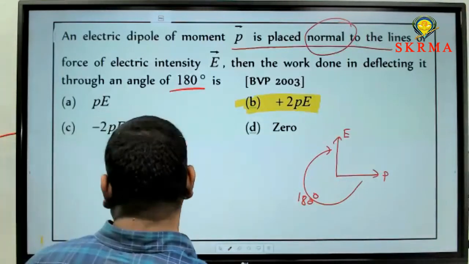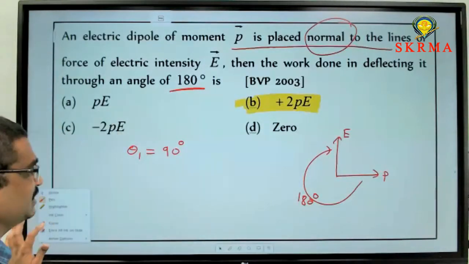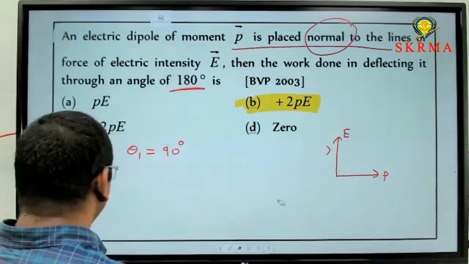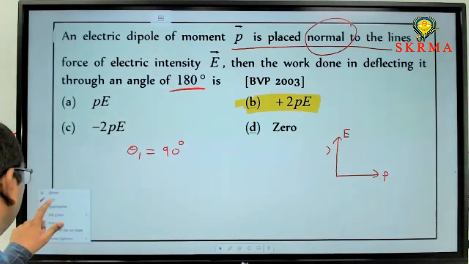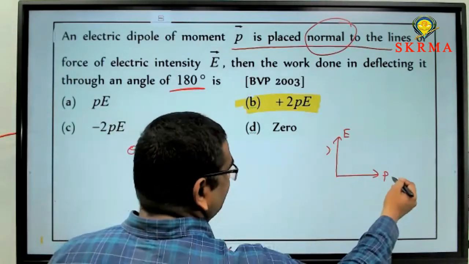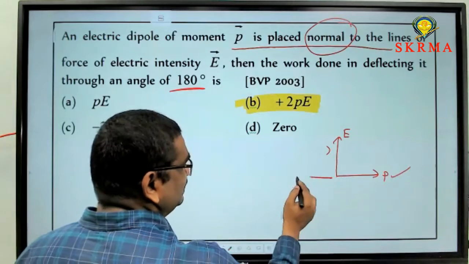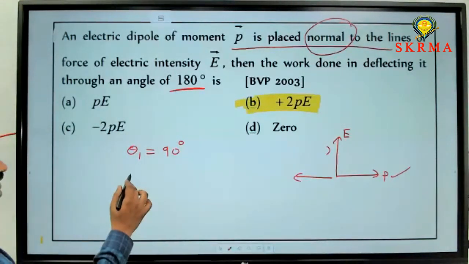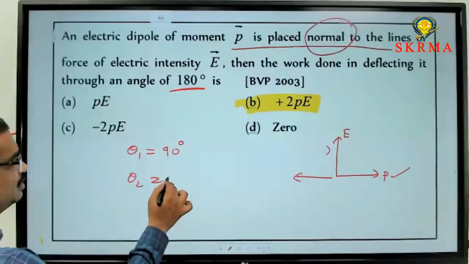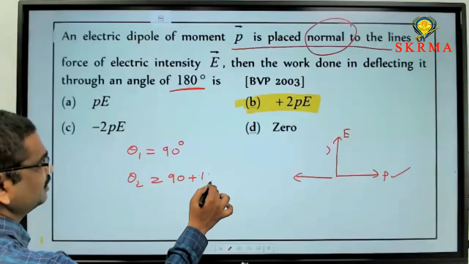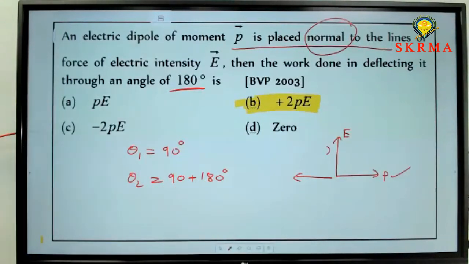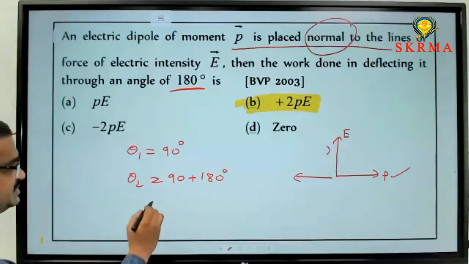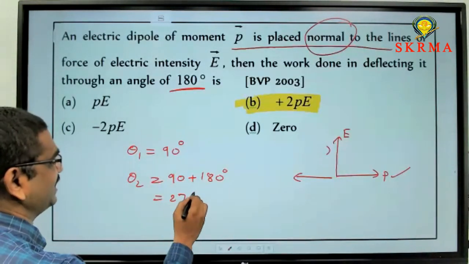This is the initial one, and finally it is like this. So theta 2 should be 90 plus 180, since we are rotating an extra 180 degrees. So 90 plus 180 is 270, the final angle.